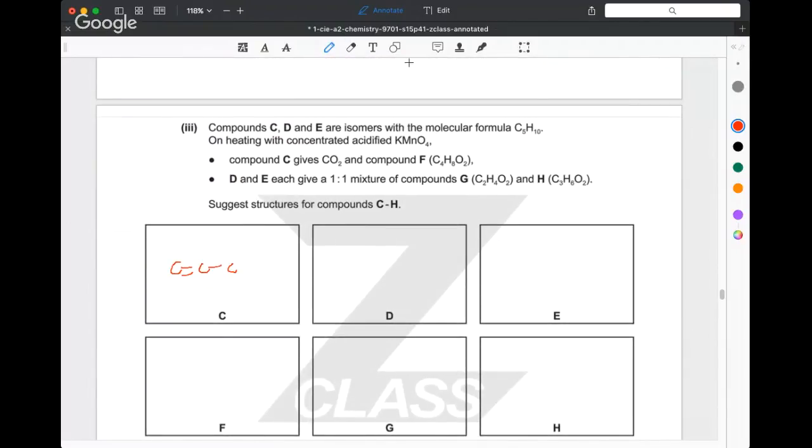Let me try and draw that a little bit more neatly. So you've got, is that 5 carbons? 1, 2, 3, 4, 5. Now I haven't drawn the hydrogens in at the moment, just for the sake of clarity. And then you could move the double bond from this position here to the second position there.